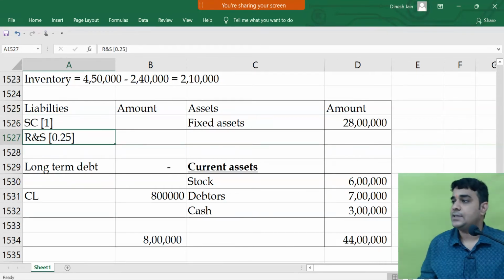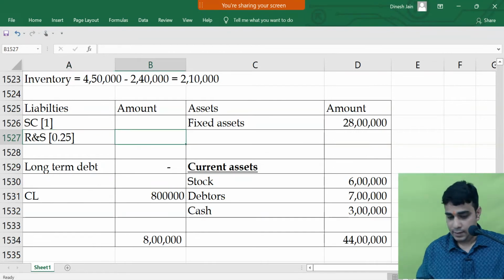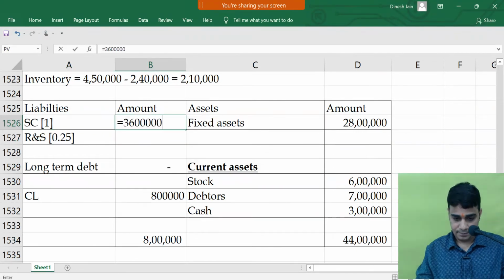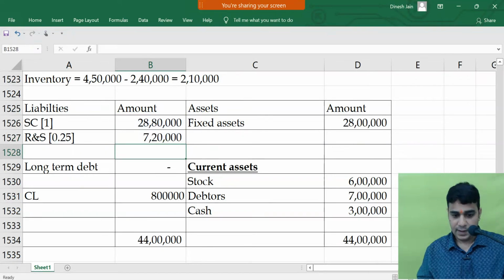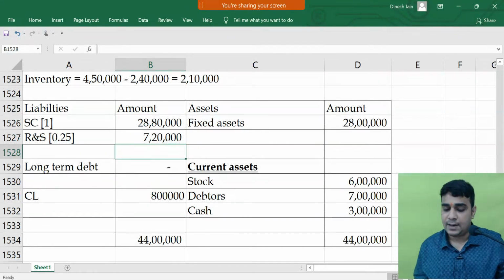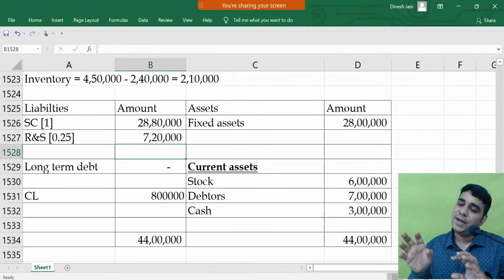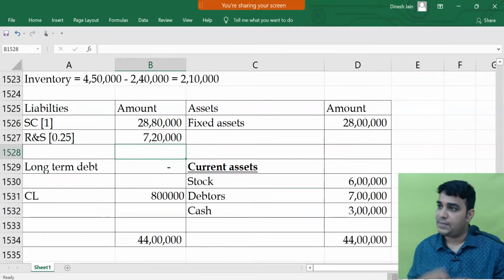Split 36 lakhs in the ratio of 0.25 is to 1: 7 lakh 20 and 28 lakh 80, and this is done. So this was combining some adjustments of question number 1 and some adjustments of question 2 that got combined here.